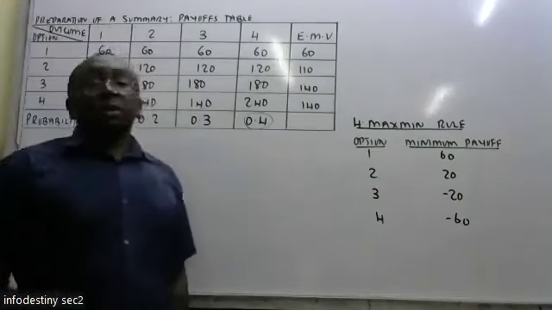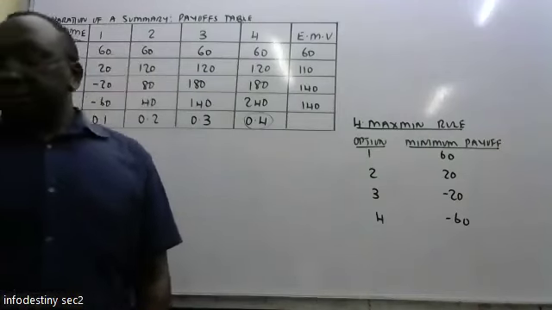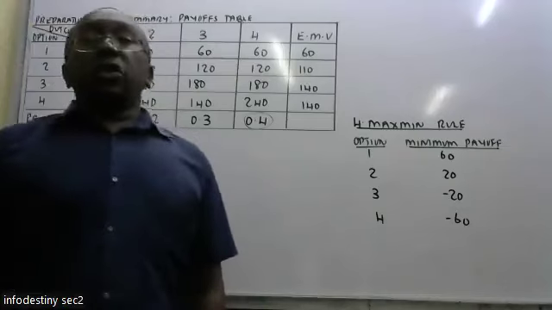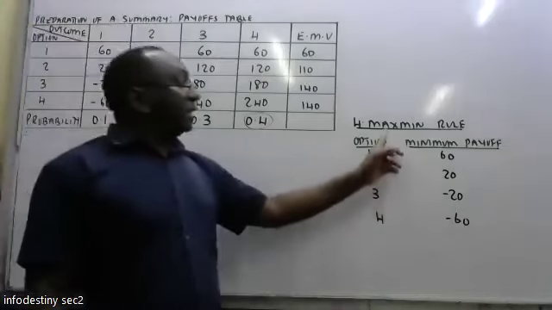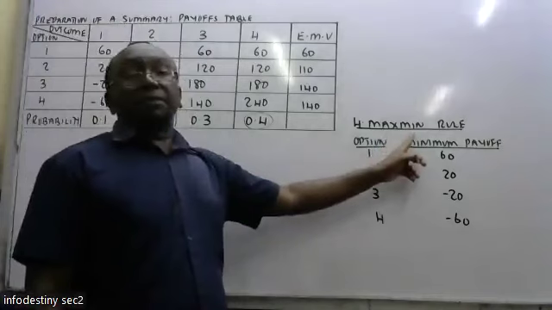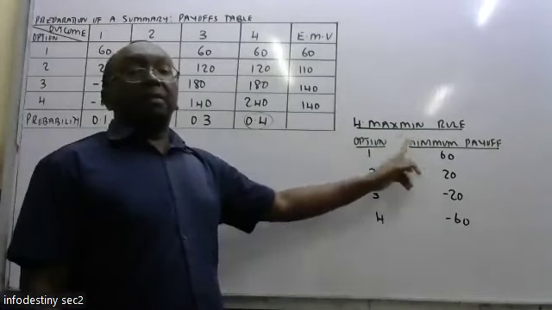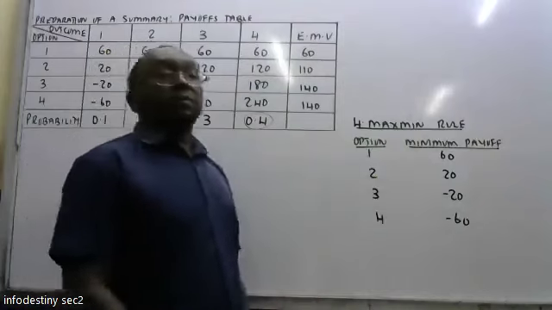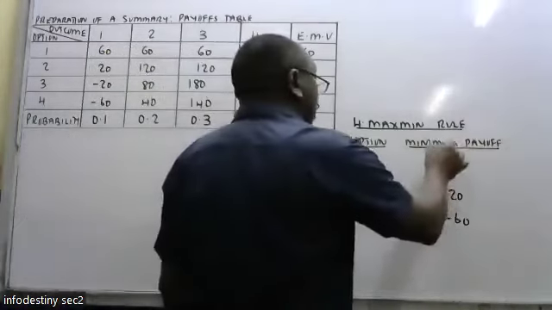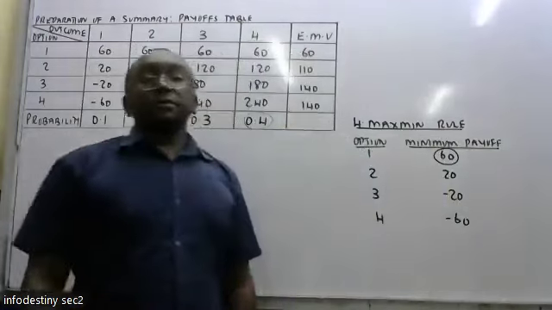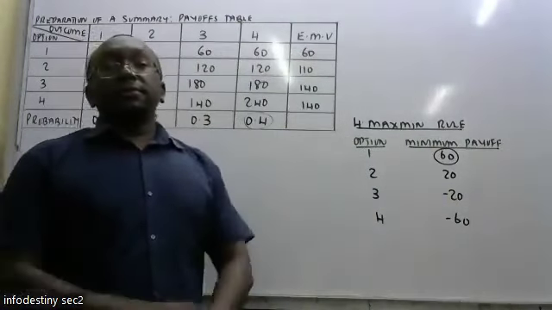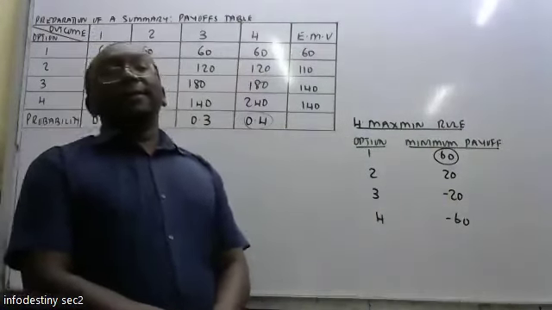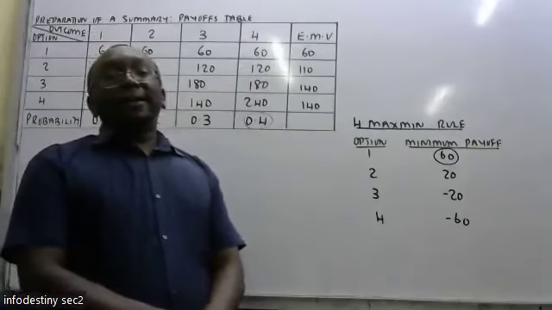So this rule is read this way: select the maximum of the minimums. So the maximum of these minimums is which one? Is it 60 or minus 60?